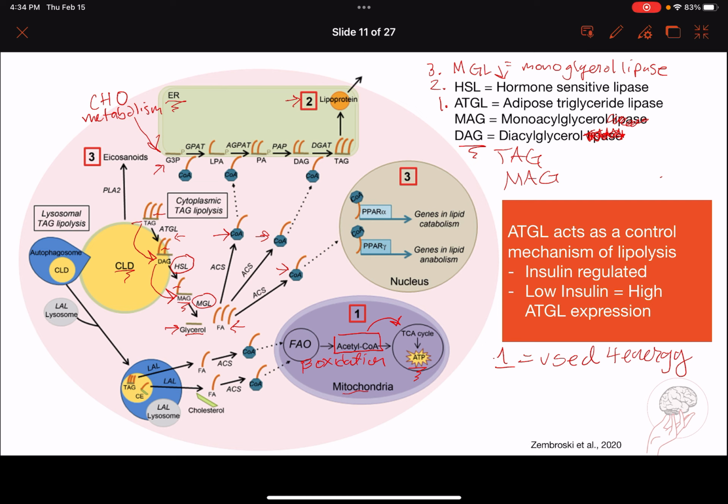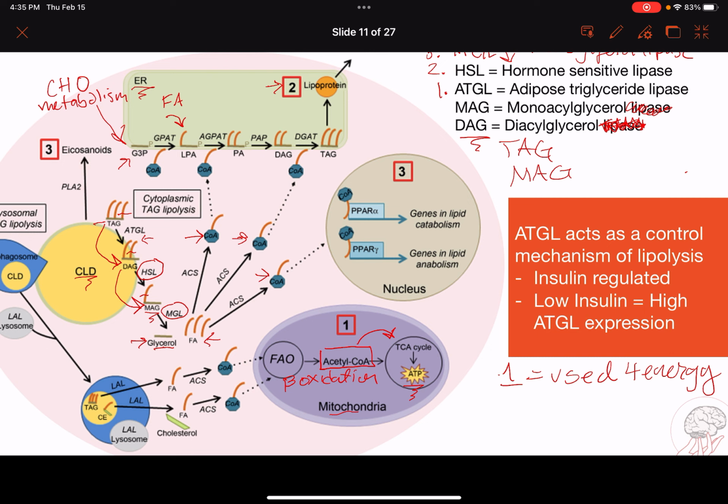And then we do this process backwards. We put a free fatty acid onto our glycerol backbone. We then put on a second free fatty acid, and now we have a diacylglycerol.